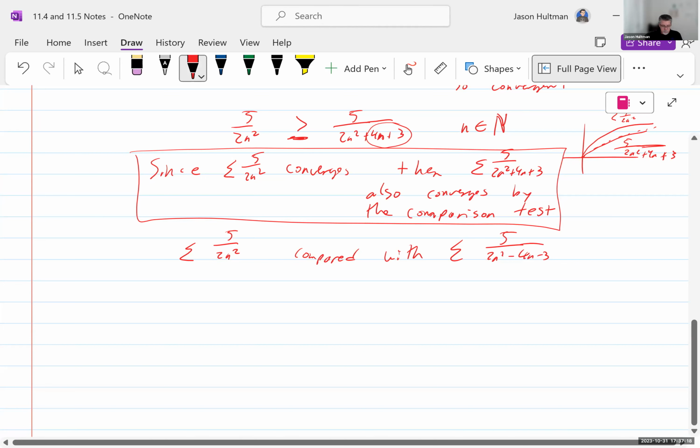The comparison test would fail us because this thing is slightly bigger, slightly larger, okay? And so we couldn't use the comparison test.